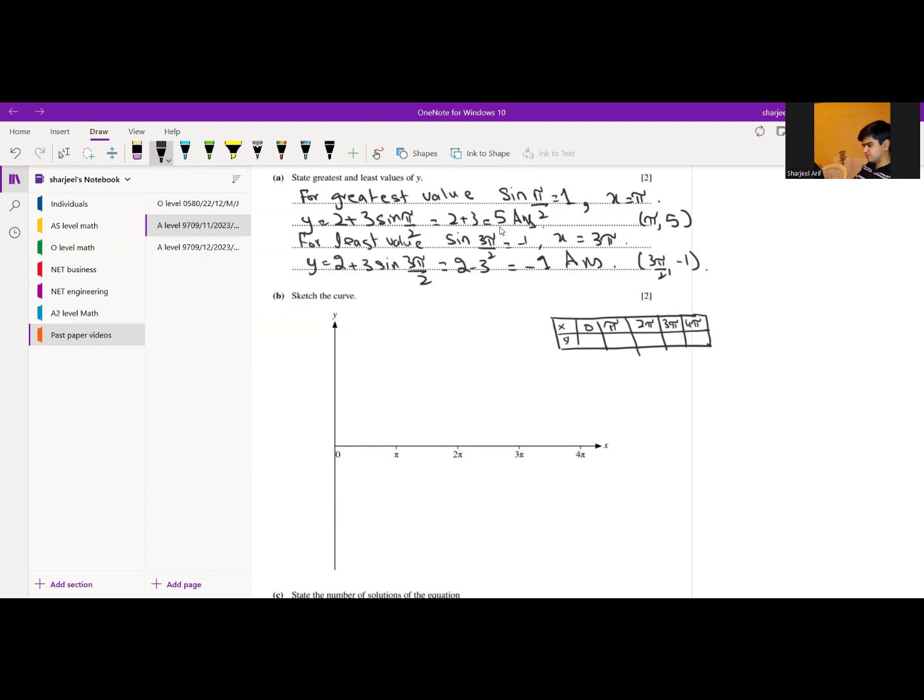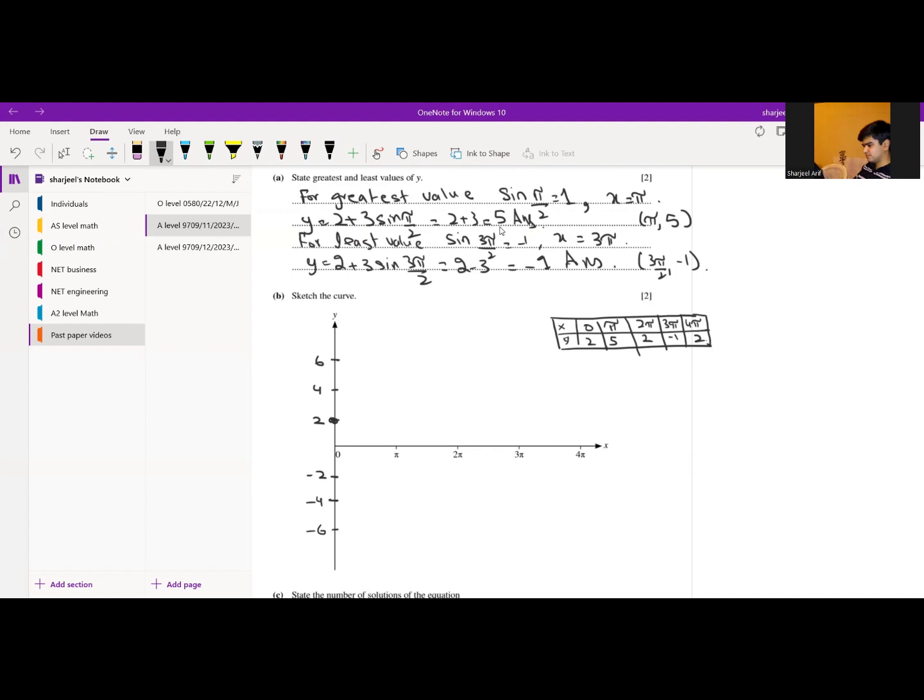You will get the values of y as 2, 5, 2, minus 1, and 2. So just mention these values in the interval of 2. This will be 2, 4, 6. Similarly, minus 2, minus 4, and minus 6.